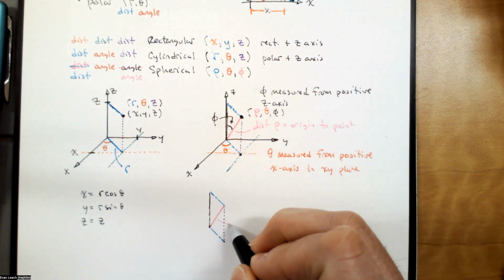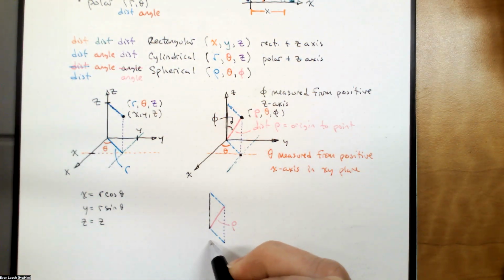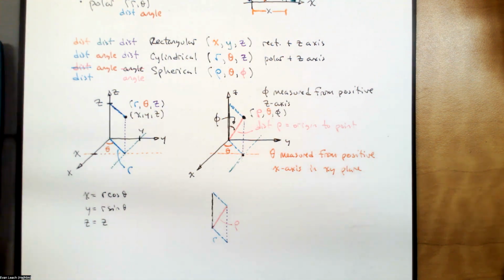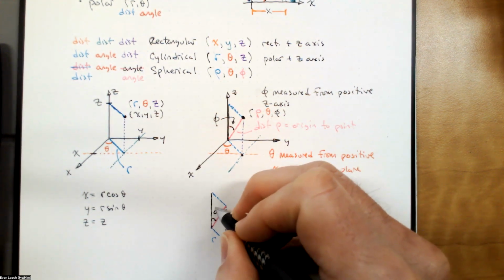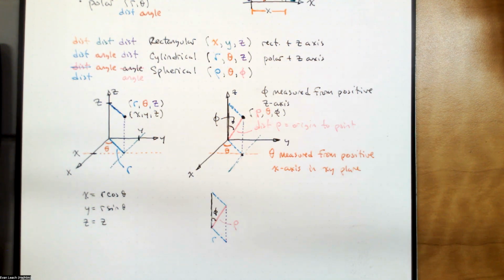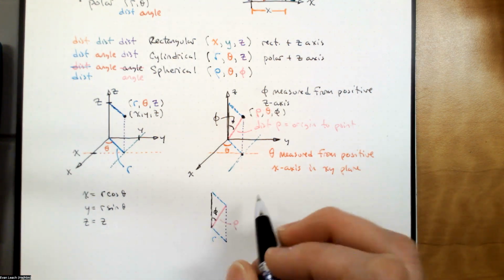Where this side, this distance is rho. Down here on the floor, we have an R. And in here, we have an angle. Everybody see where I got that rectangle from? This distance up here is the Z.